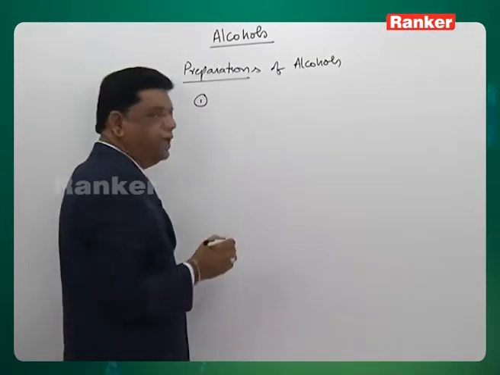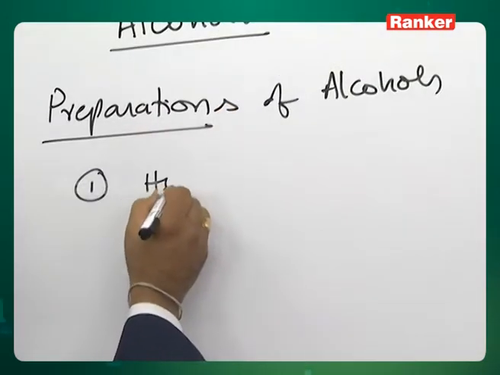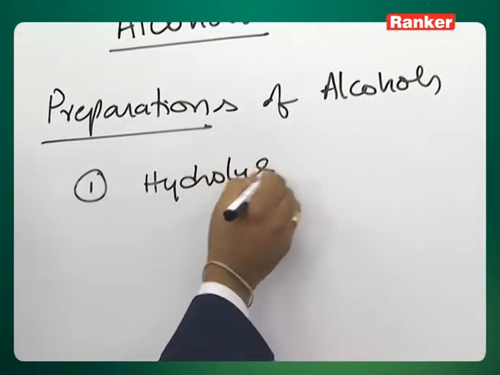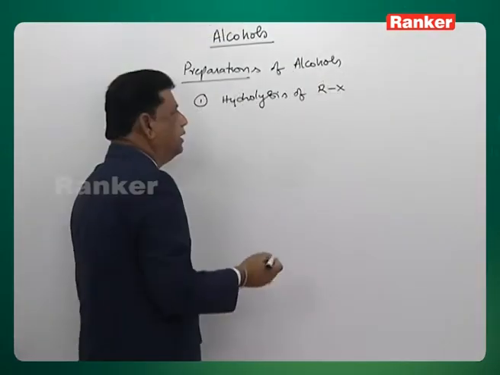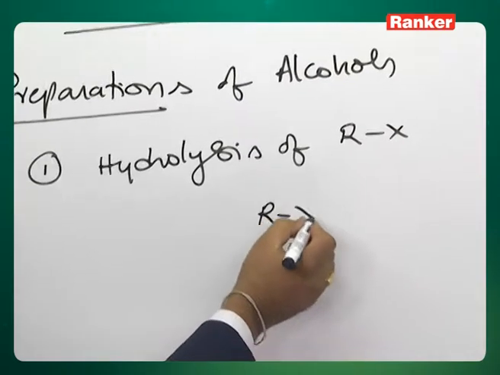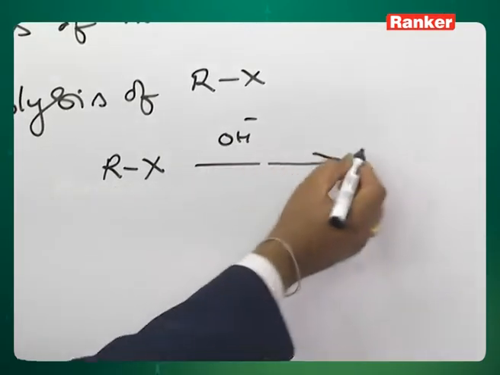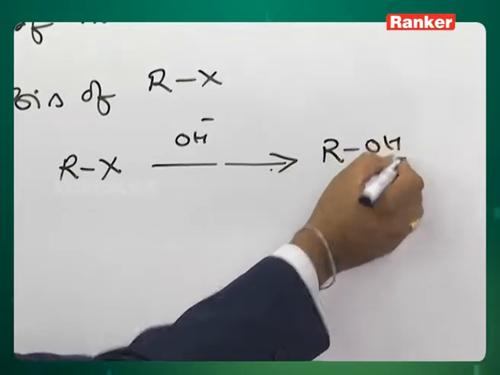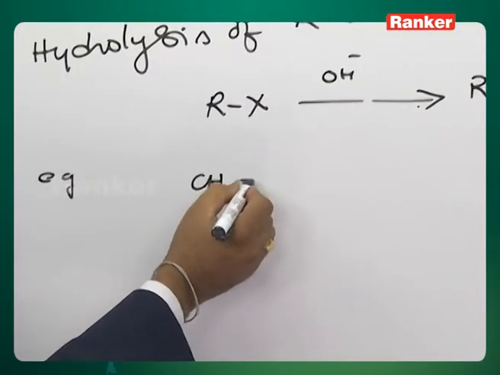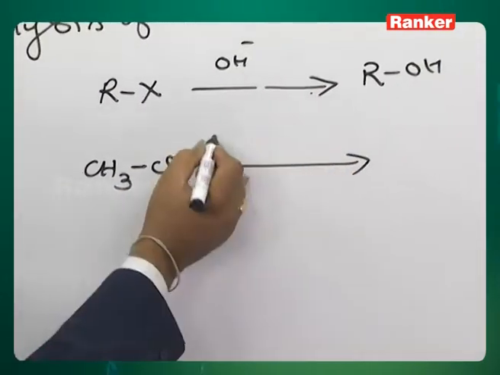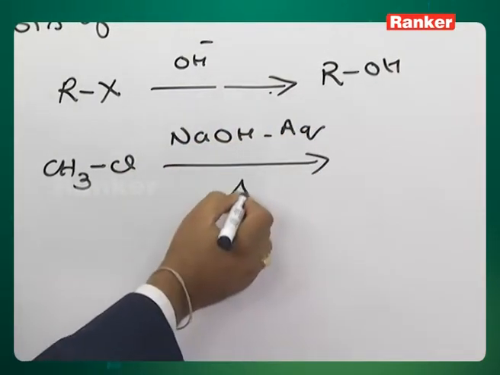The first method is by hydrolysis of alkyl halides, RX. The general equation: RX when treated with OH minus, you will get ROH. As an example, take methyl chloride on reaction with sodium hydroxide in aqueous solution, boil for some time.